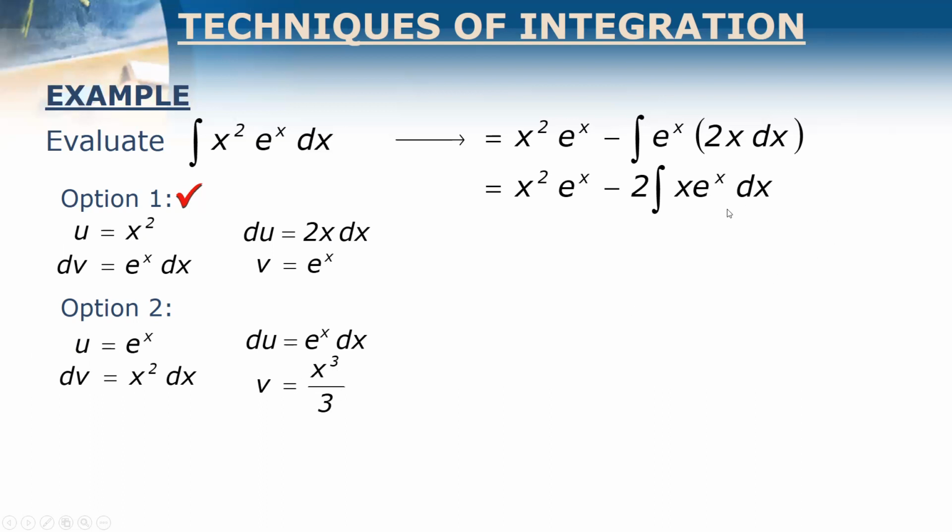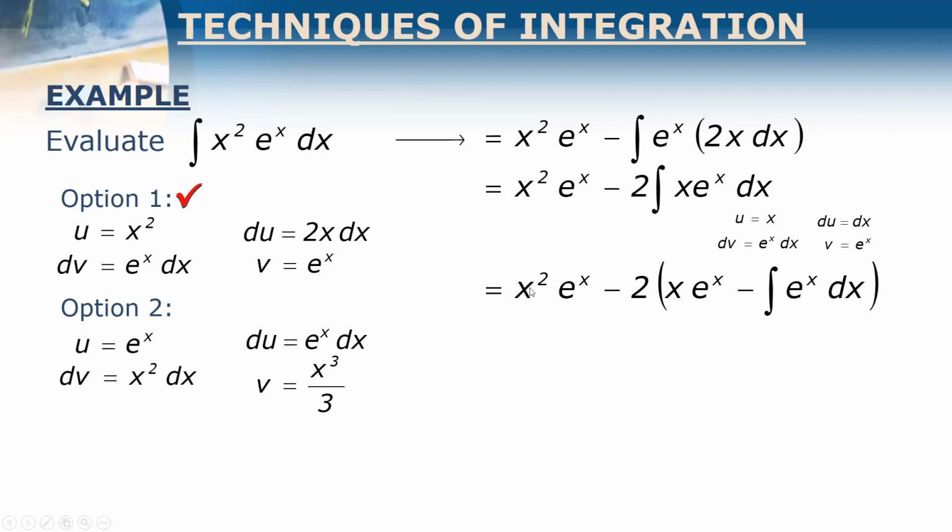So, let u equal to x, dv e to the x dx, and derivative of u dx lang, integral of dv e to the x. So the next step will be this one. X squared times e to the x minus 2.